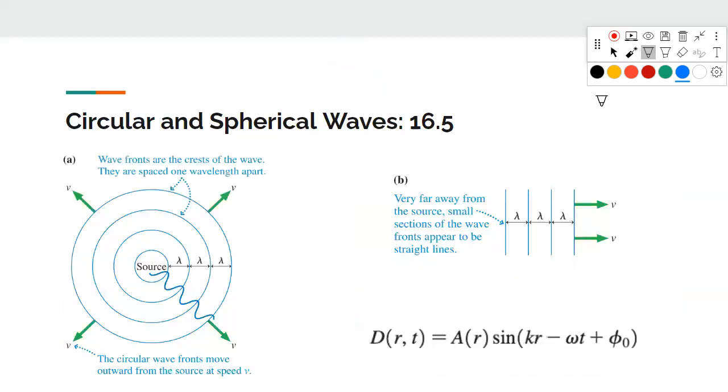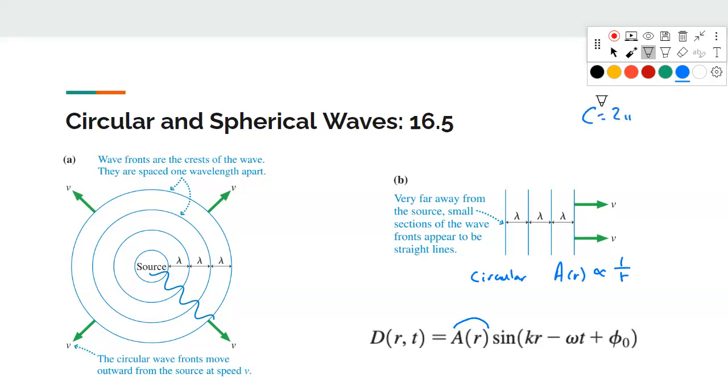And so we can see this when we write the wave equation for these spherical or circular waves. This A of r is telling you that the amplitude of these waves changes the farther away from the source you get. So for a circular wave, this A of r will be proportional to 1 over r, because the circumference of a circle is 2 pi r.